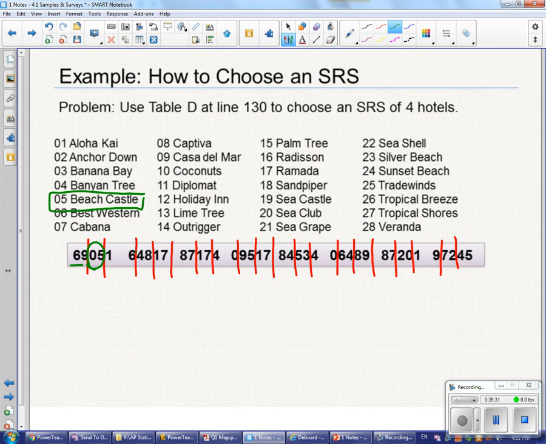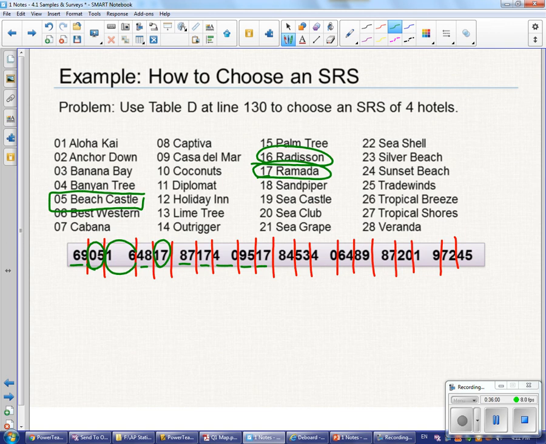The next one is 16, and that also corresponds to one of my labels. That means the Radisson is going to be selected. 48 is not on my list, but 17 is. So that means the Ramada is going to be included in my sample. 87 is not. 17 I've already chosen, so I'm going to ignore it and move to the next pair of digits. 40 is not on my list. 95, 17 again.